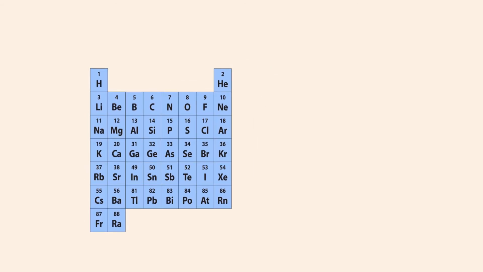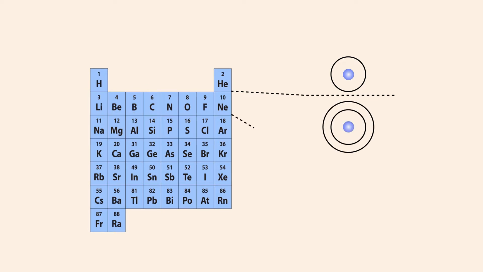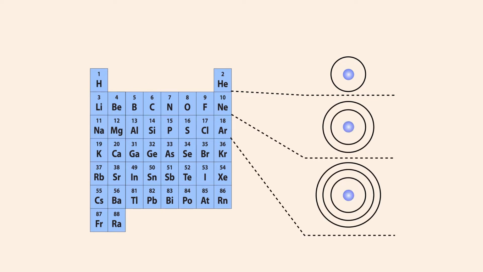Each of the atoms in the first row of the periodic table have one electron shell. Atoms of the second and third rows have 2 and 3 electron shells, respectively. Although atoms can have multiple electron shells, the outermost shell, also known as the valence shell, is the most important. We have color-coded the valence shell as blue circles.